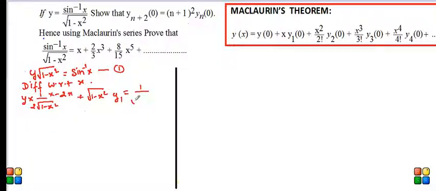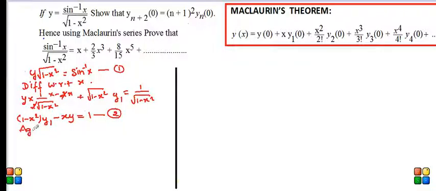Now, in order to simplify, if I take LCM, the root under root 1 minus x square becomes 1 minus x square y1 minus xy is equal to 1, because the root 1 minus x square in the denominator gets cancelled. Let this be equation 2.